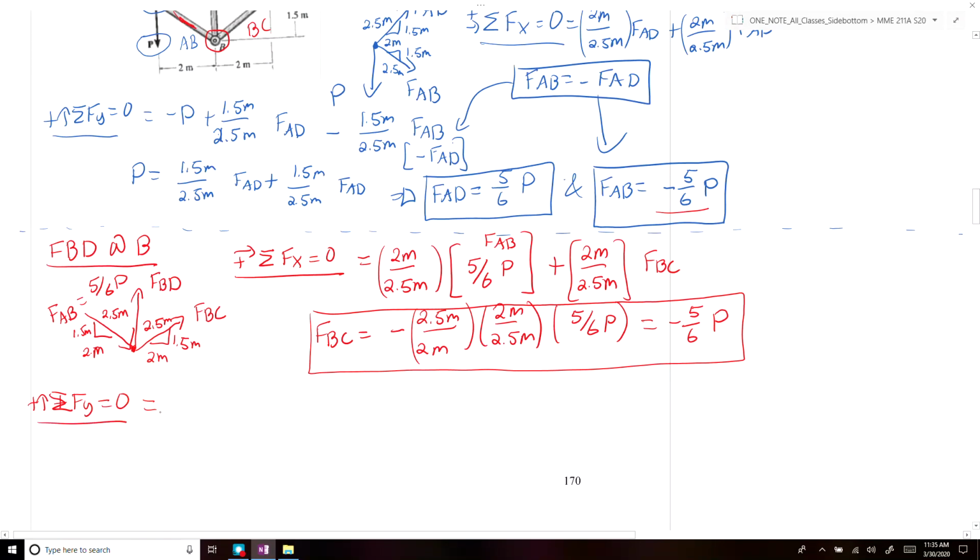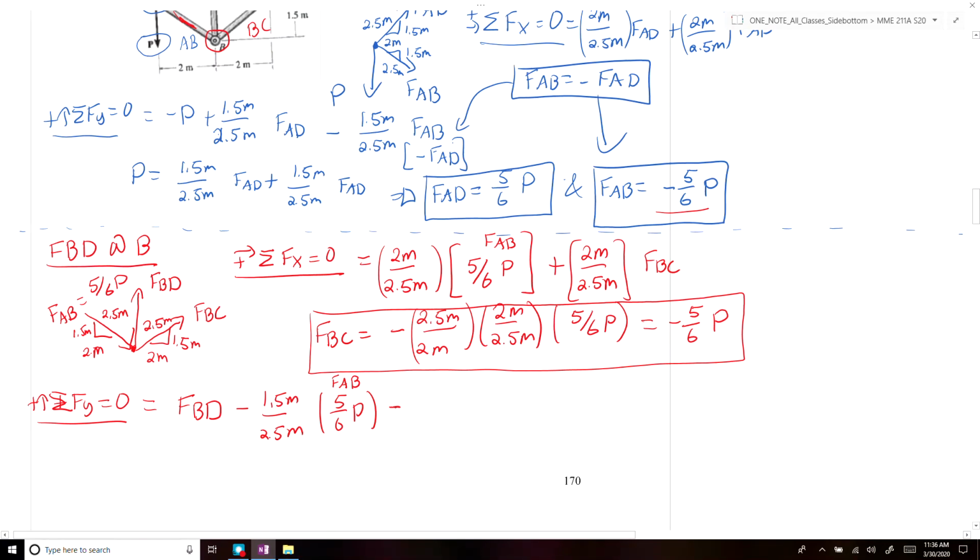If we do that, we'll get FBD, which is going along the positive y direction, minus 1.5 meters over 2.5 meters times 5/6 P. That's the y component of force AB.